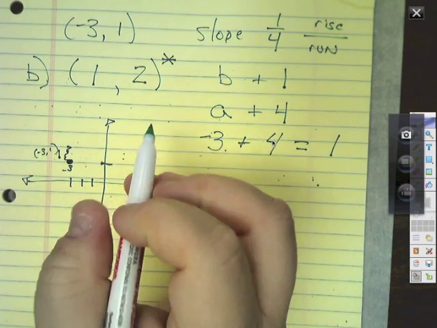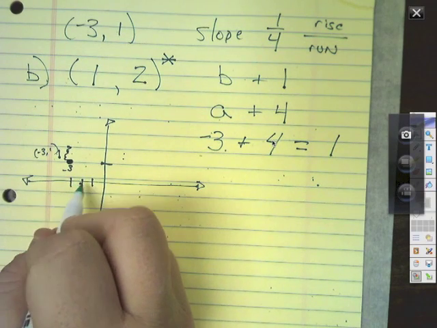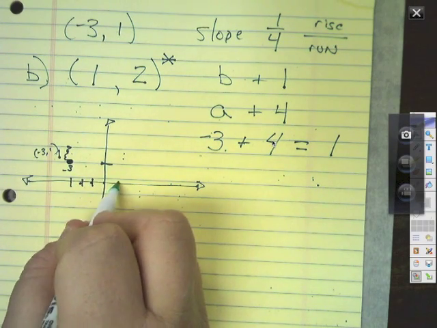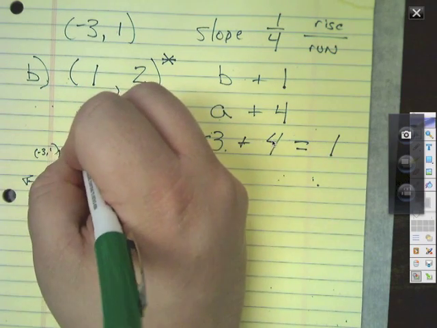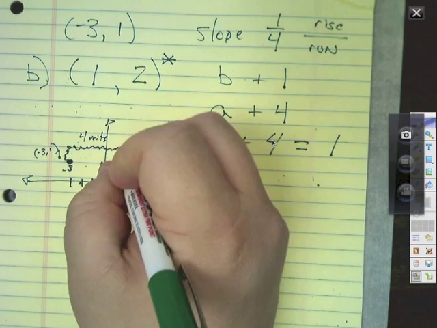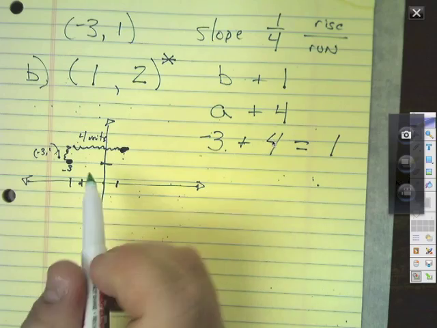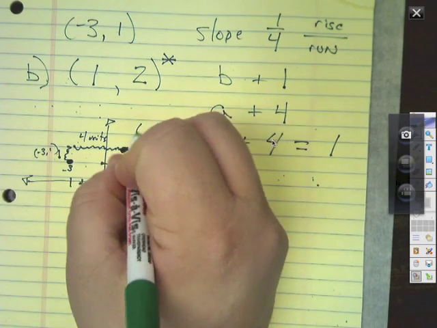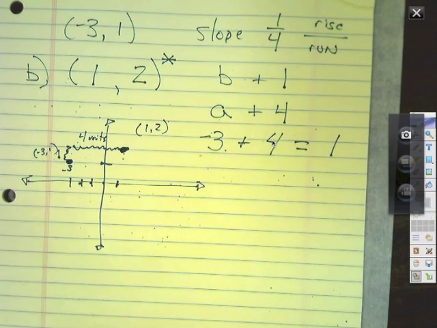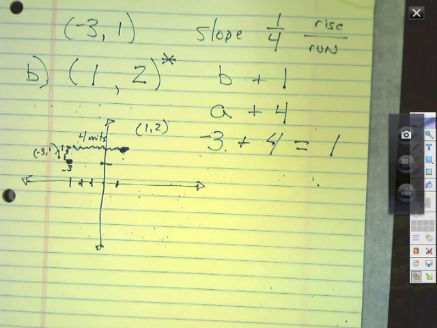So I'm going to go up 1 unit to the right 4 units. Well, here's 1, 2, 3, and here's 4 units. Gives me my new point, which should be in this case 1, comma 2. Is it? Yes.